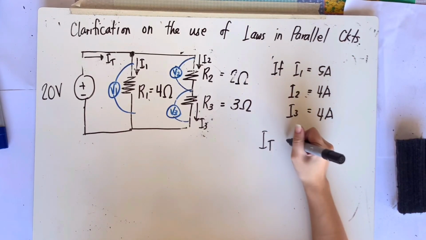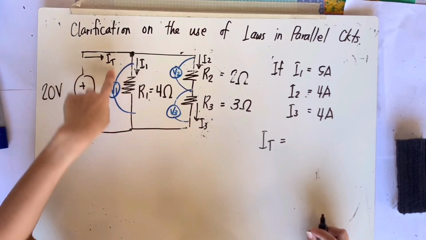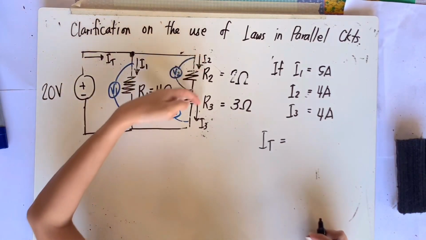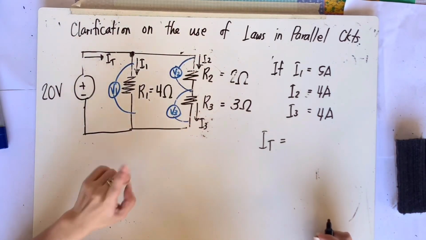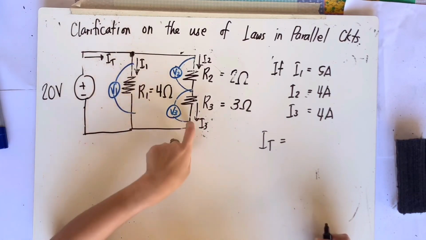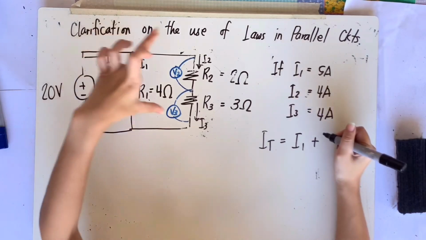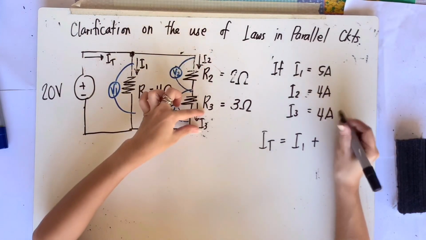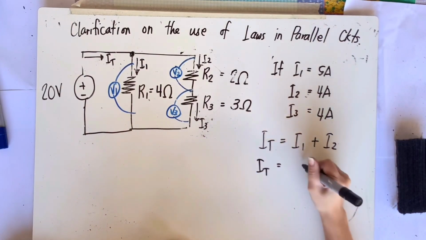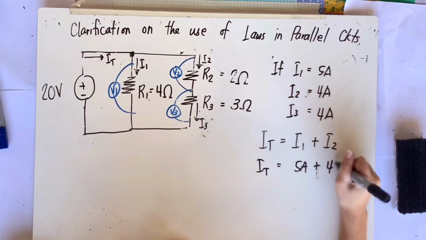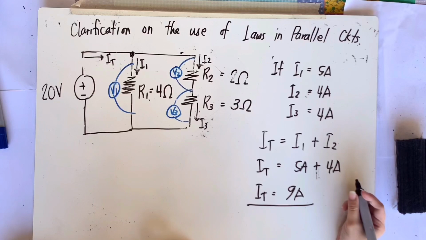Now, IT will be equivalent to I1 plus I2 because this current is divided into only two branches. Therefore, we follow the principle of parallel circuits. Since we only have 2 branches here, take the current in the first branch, I1, and add it to the current of the second branch. Since there are two there, just pick one because they have the same value. So, for IT, that would be 5 amperes for I1 and 4 amperes for I2. You'll get IT equivalent to 9 amperes still.